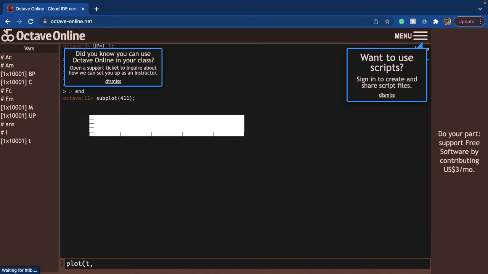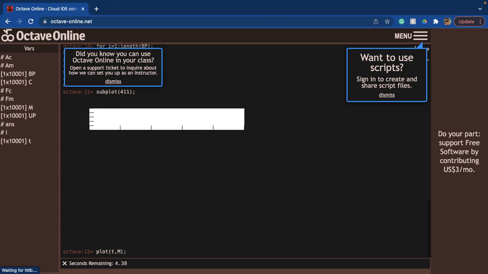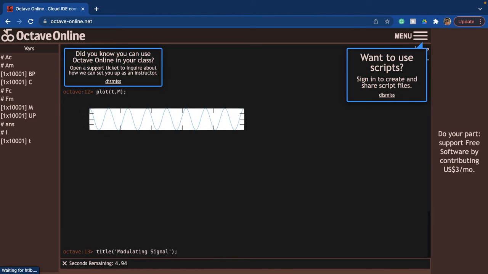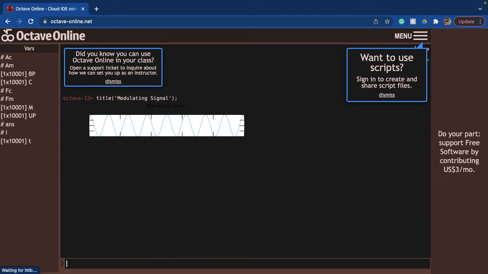So plot T comma M, title, the modulating signal. Next is the train of pulses, the second graph.